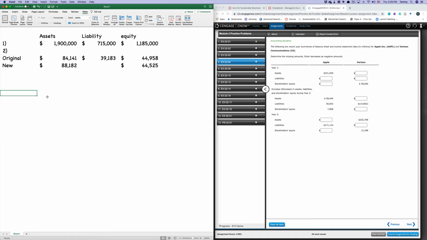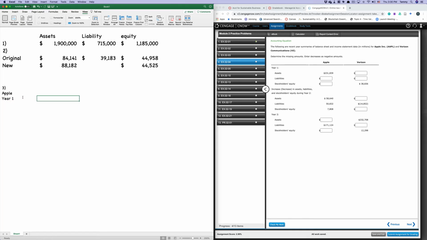What I'm going to do is continue with my horizontal layout over here, even though this is laid out vertically, because it doesn't matter how it's laid out, it's still the same. So here we have Apple, number 3, year 1.